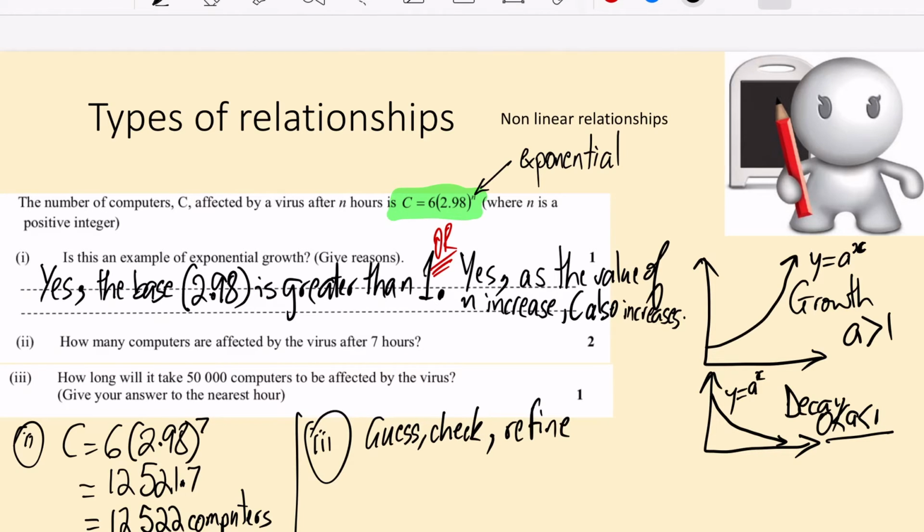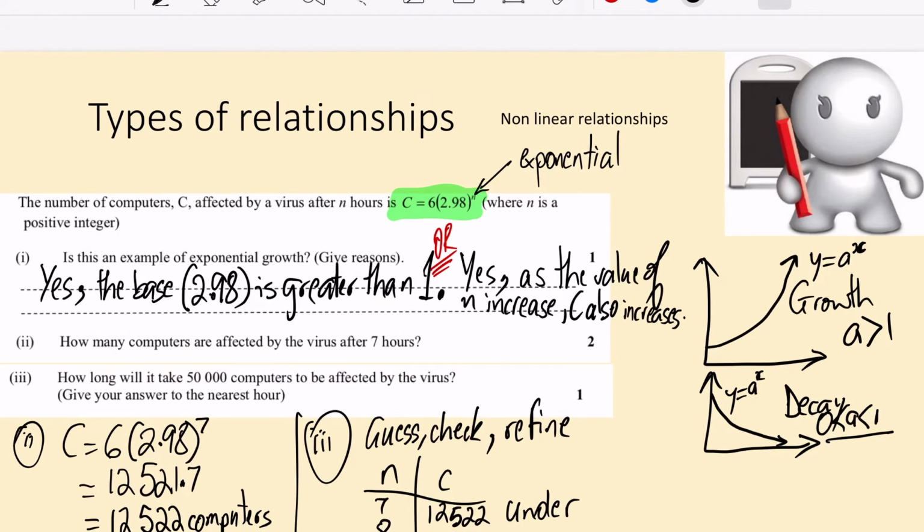We know when n equals 7, the number of computers affected is 12,522. So that's under. We're going to refine it by checking 8.